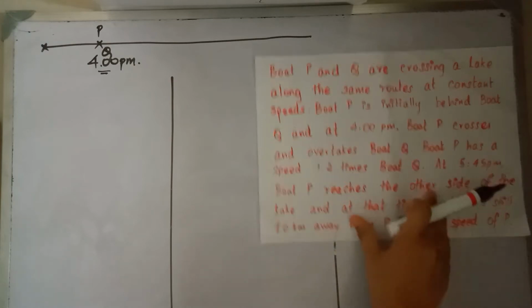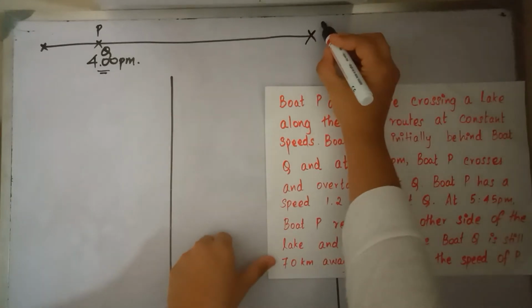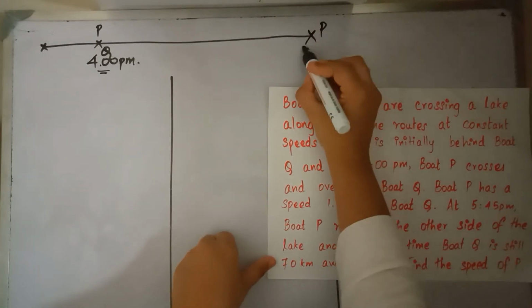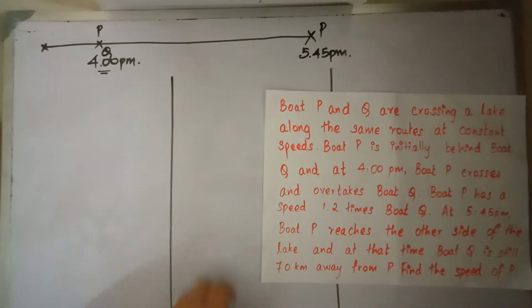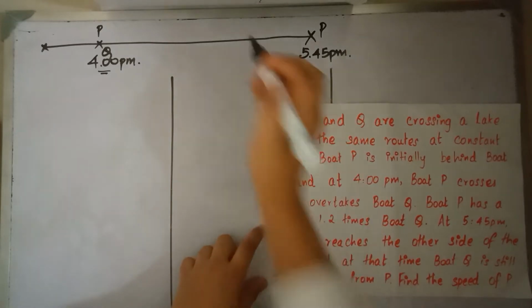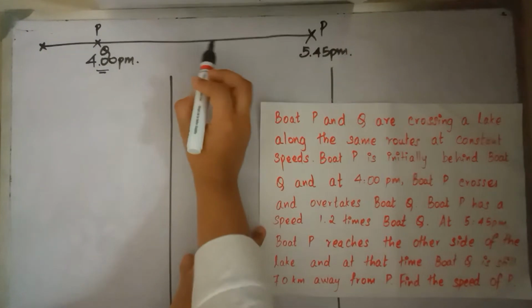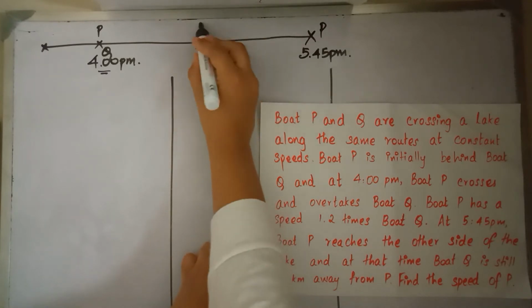So this is at 5:45, the position of P. And what happens to Q? Q is still 70 kilometers away from P. So we don't know where on this line Q is, but it could be somewhere here.